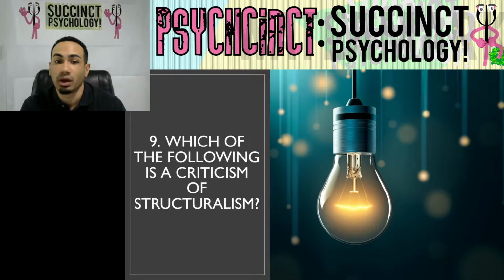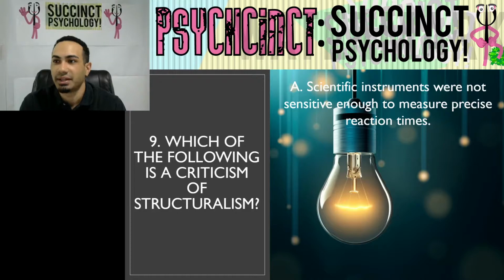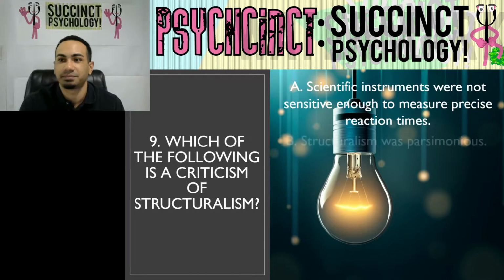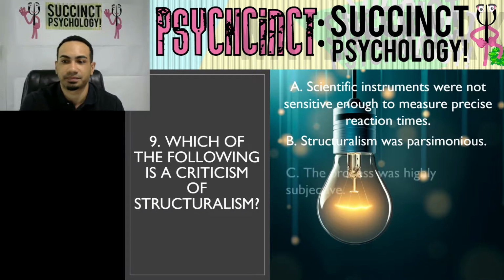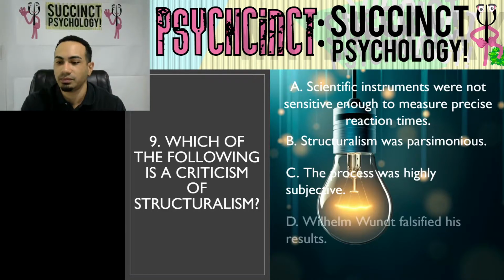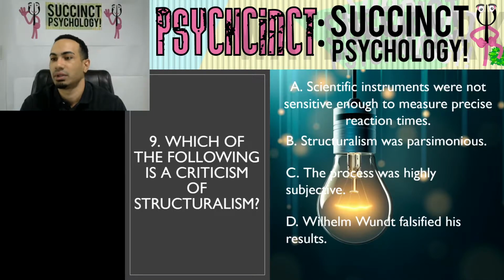Alright, which of the following is a criticism of structuralism? A, scientific instruments were not sensitive enough to measure precise reaction times. B, structuralism was parsimonious. C, the process was highly subjective. Or D, Wilhelm Wundt falsified his results.